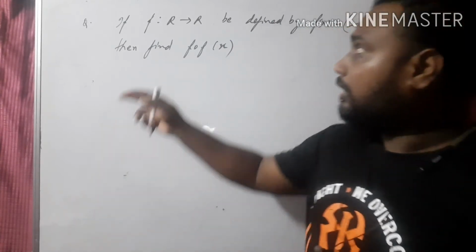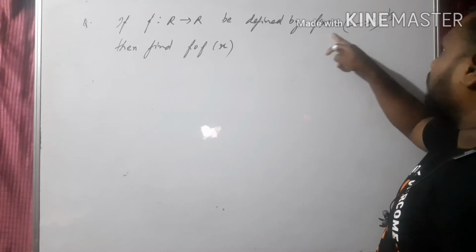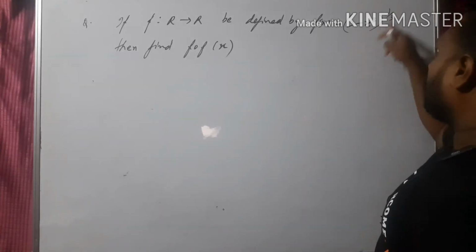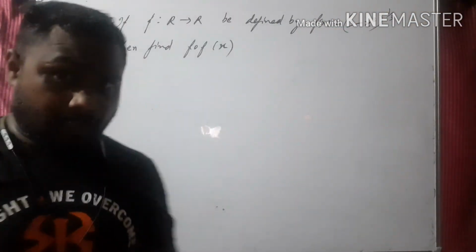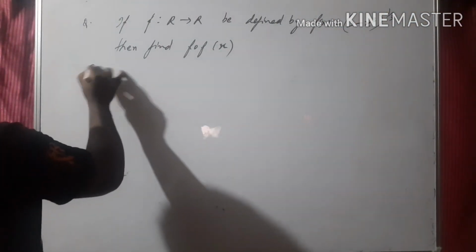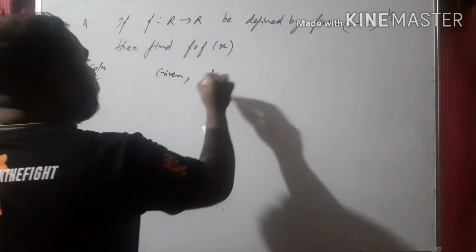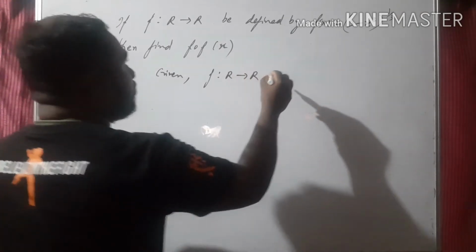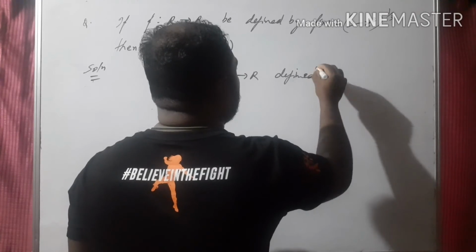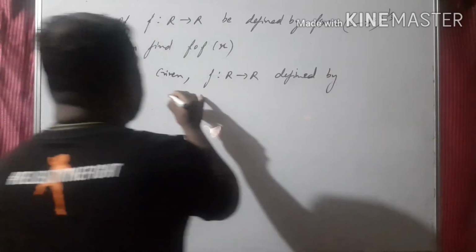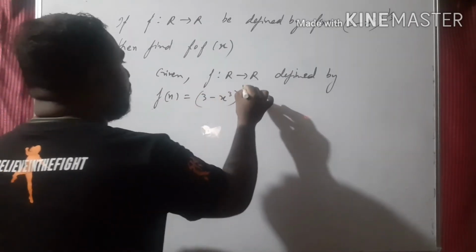Okay, the next question is: if f from R to R is defined by f(x) equal to (3 minus x cube) whole to the power 1 by 3, then we will have to find the value of f of f(x). So we have f from R to R defined by f(x) equal to (3 minus x cube) whole to the power 1 by 3.